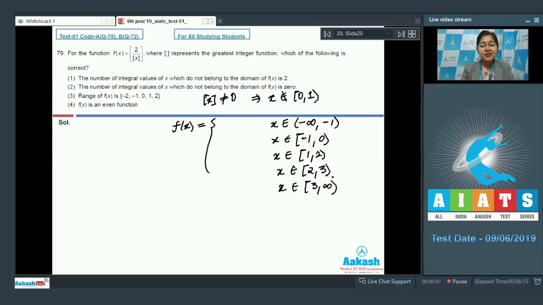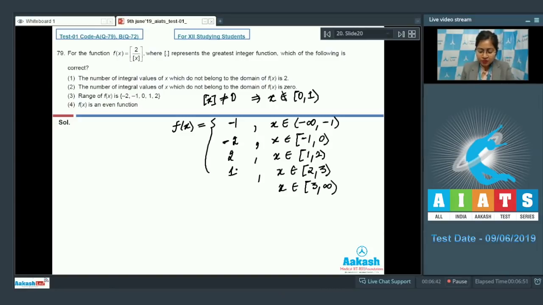Now when x goes from minus infinity to minus 1, the value of f(x) will be minus 1, and when x goes from minus 1 to 0, then in the denominator we will get minus 1, so we will get minus 2. When x belongs from 1 to 2, in the denominator we will have 1, so we will get 2 here. For 2 to 3, in the denominator we will get 2, so the value will be 1.